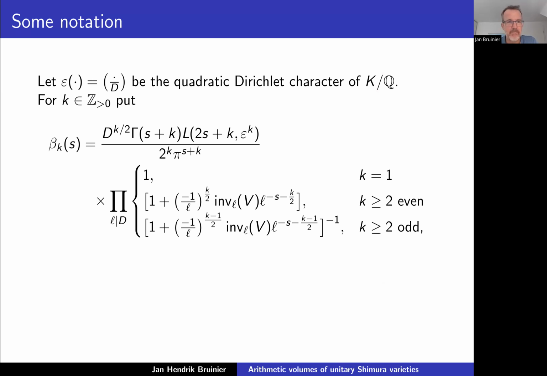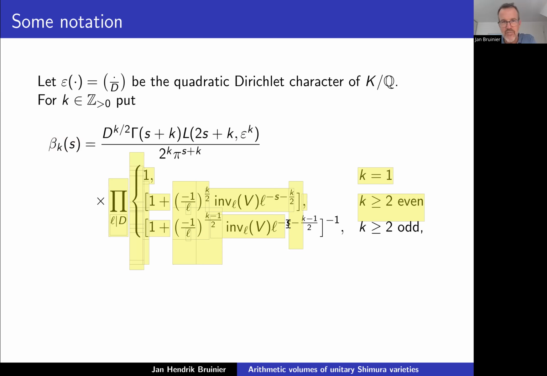And we can look at the associated Dirichlet L function. So this is here the Dirichlet L function. And here the argument is shifted by k. And so this beta k is basically just this Dirichlet L function shifted by k. And then there is some gamma factor for the normalization. And there are some bad Euler factors.